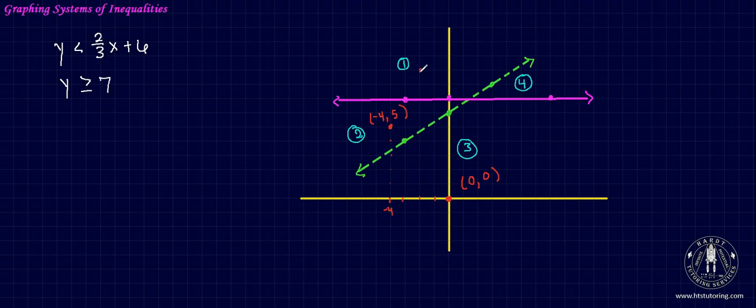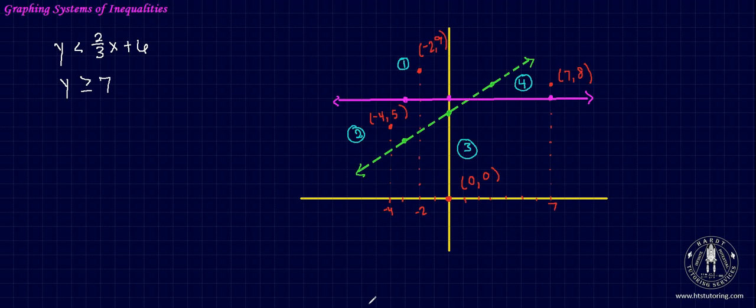I'm going to do this test point: negative 2, comma 9. And we'll go to region 4. We'll do this one: 7, comma 8.